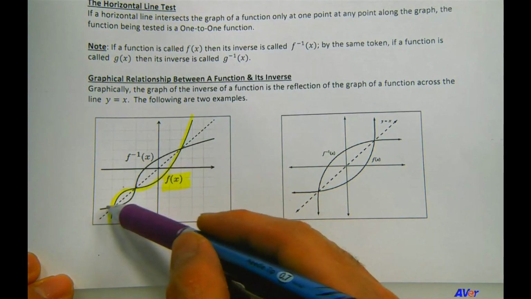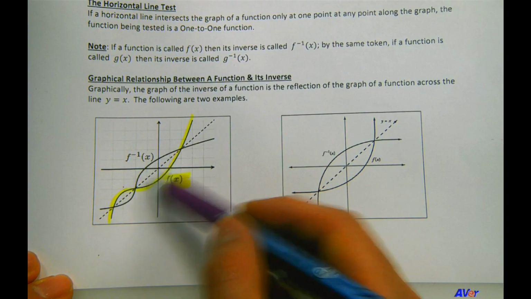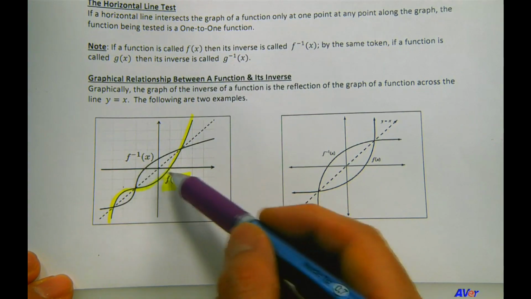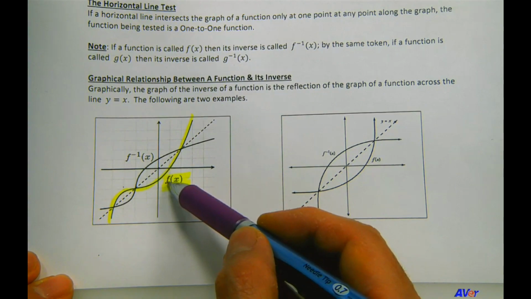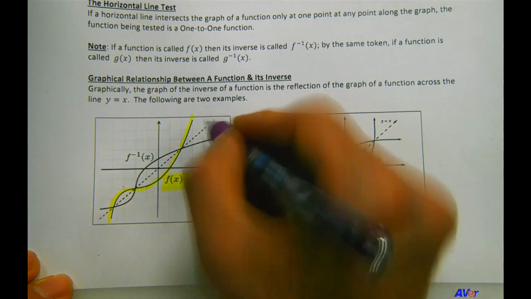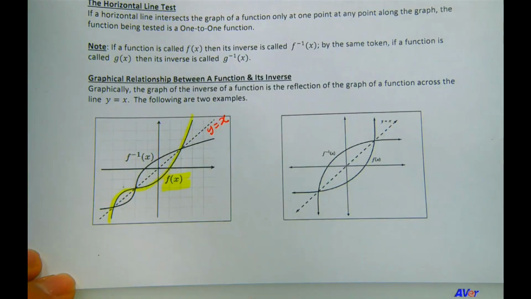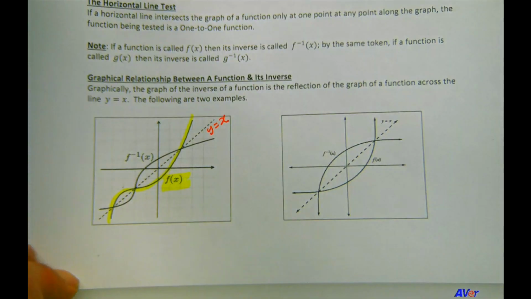How are they related? The inverse function graph is the mirror image of the original function graph across the y equals x line. The dashed line that you see is the y equals x line.